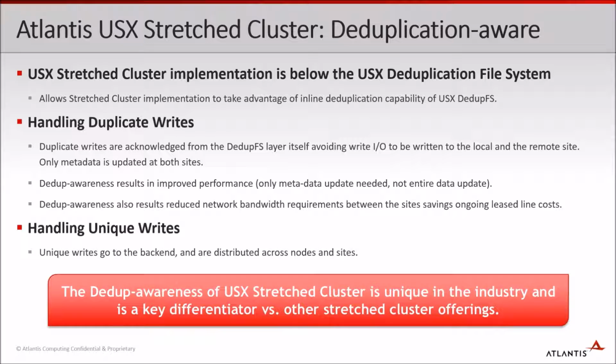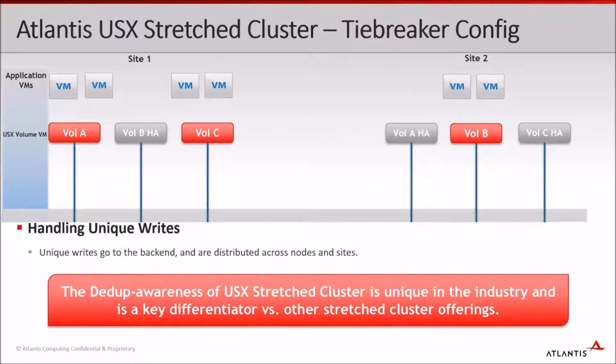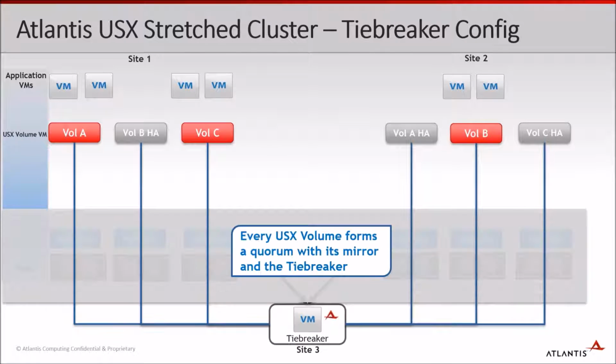If there was a duplicate write, before we acknowledge the host that the write has been committed, in traditional solutions, that write has to be committed on the local array, then it has to travel, and then it has to be committed on the remote array, and then the acknowledgement comes, and then we acknowledge the host. Well, it is much quicker to simply send the metadata and then update that metadata on the far side. And that happens much quicker.